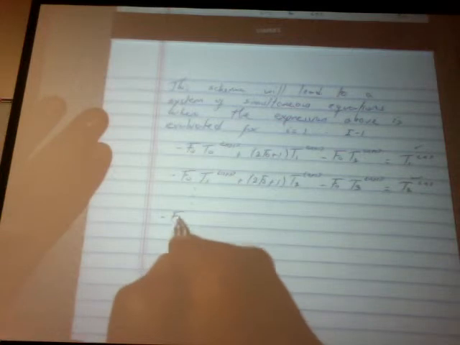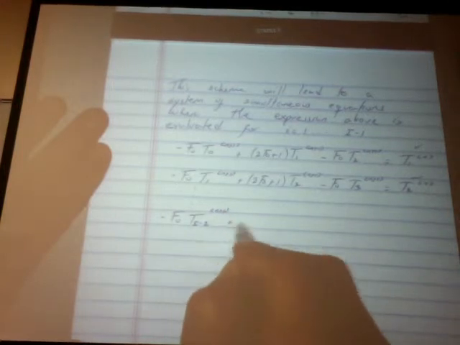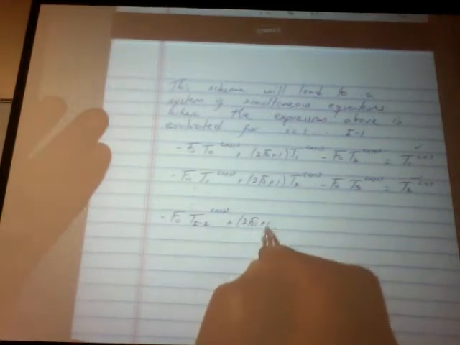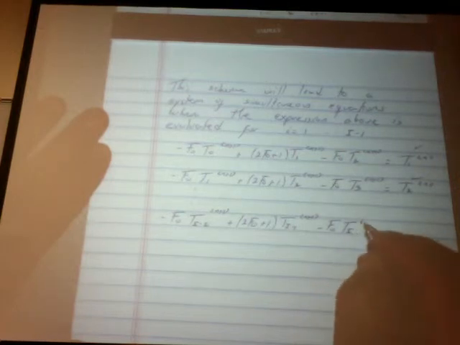And eventually, minus Fourier T at big I minus 2, n plus 1, plus 2 Fourier plus 1 T at I minus 1 at n plus 1, minus Fourier T at I at n plus 1 is equal to T at I minus 1 at n. And we know this one.